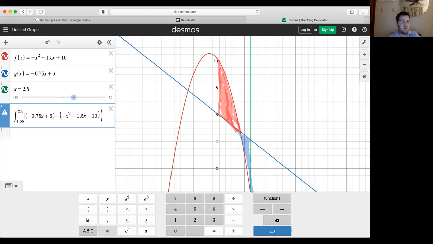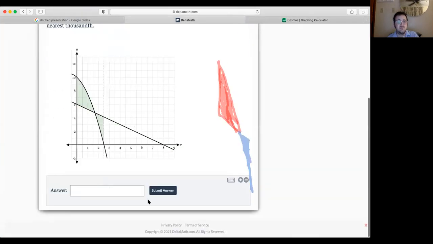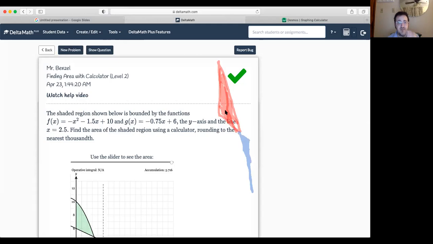Put that all in parentheses and put a dx. I accidentally put a little dot there, so just move that out of the way. And I got 5.716. And we are good. So that is a harder version of a level 2.